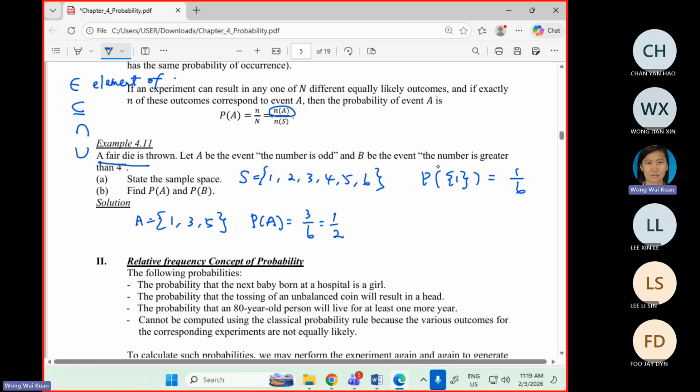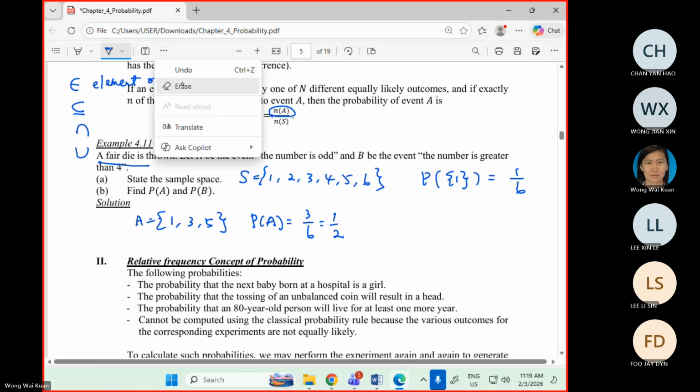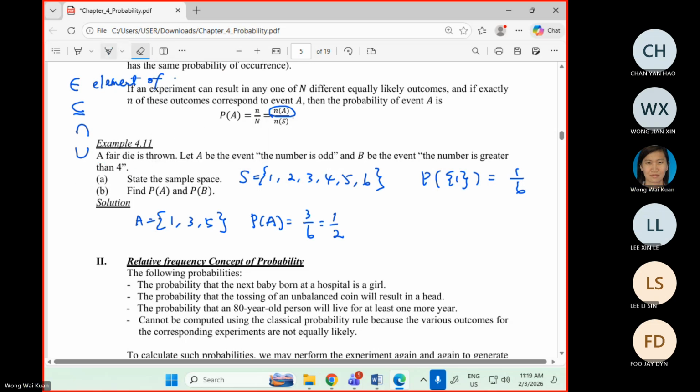Then what about B? The number is greater than 4. What numbers are greater than 4? 5 and 6. So the probability of B becomes 1/3, which comes from 2/6. So you need to put it that way, not the final answer alone.